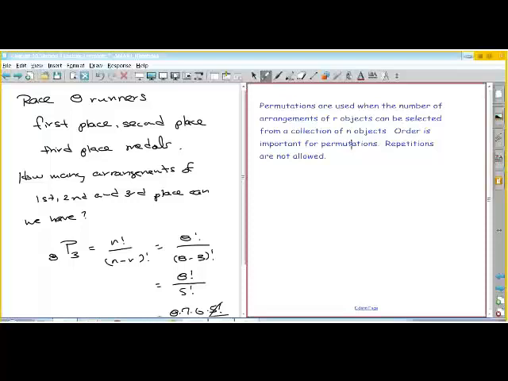Okay, so let's see what it says here. Permutations are used when the number of arrangements of R objects can be selected from a collection of N objects. Order is important for permutations. Again, if you pick a committee, it doesn't matter. You're on the committee whether you get picked first or last. Whereas if you have places, if you have officers, the order is important.